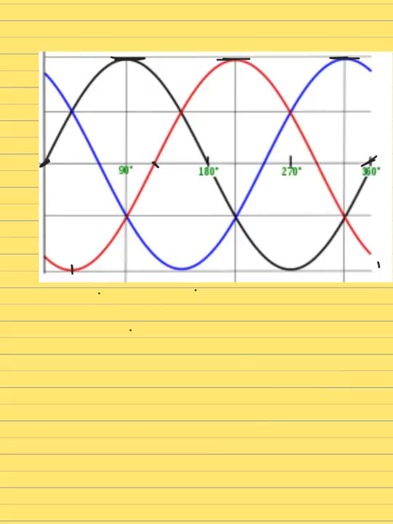Okay, so let's say the black signal is represented by V1, and we're gonna say it has an amplitude Vm, and it's a sine function, and the frequency is omega t, and does not have any phase because it's starting with this zero value of the signal at zero value of the angle or the time.